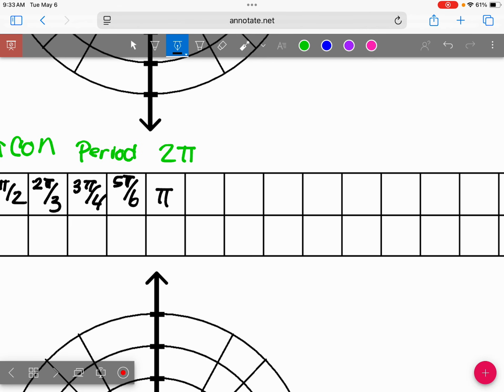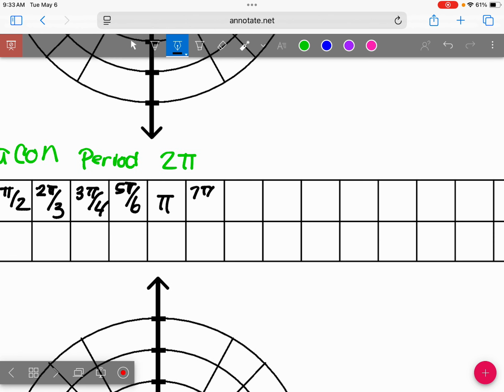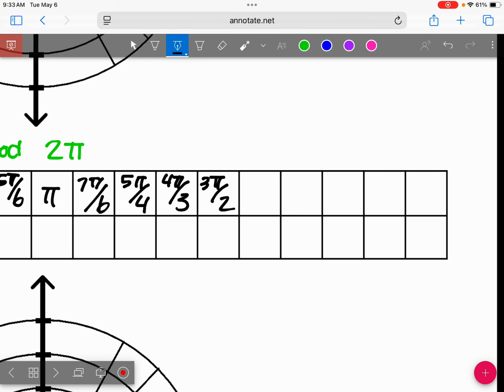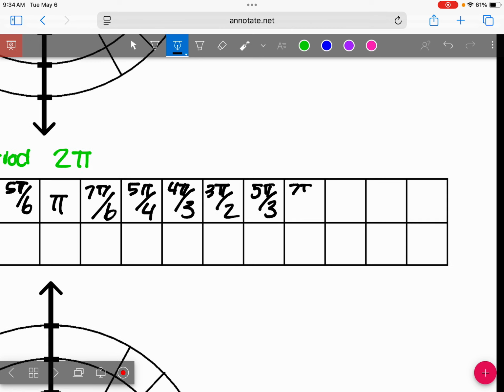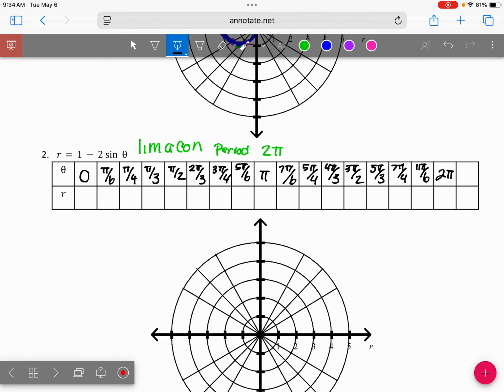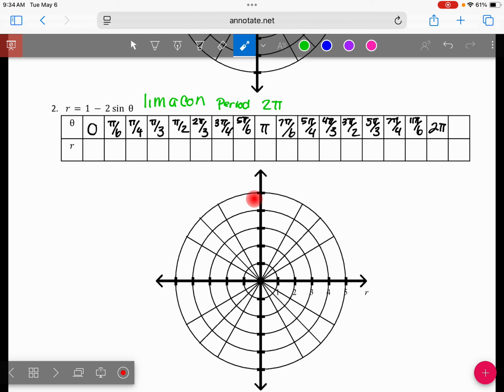Then down into quadrant 3, we're at our 7 pi over 6, our 5 pi over 4, and our 4 pi over 3, getting us to our 3 pi over 2. That's quadrant 3. And then we get to our 5 pi over 3. My brain got stuck there for a second. And then we're on our 7 pi over 4, 11 pi over 6, which loops us around to 2 pi. So that's all of our unit circle values.